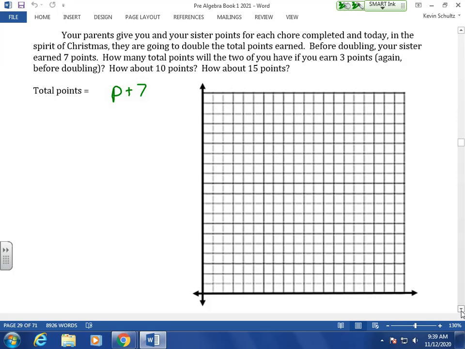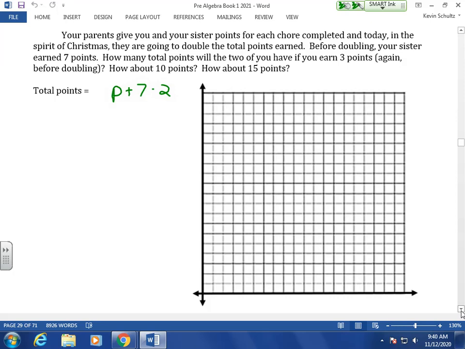How do we show that we're doubling that sum? Add a times 2. Well, if I only add a times 2, what am I multiplying by 2 here? What am I doubling? P plus 7 or just 7? Not the way it's written, right?